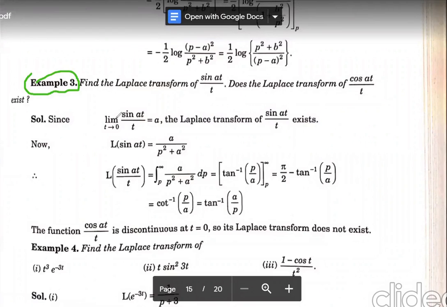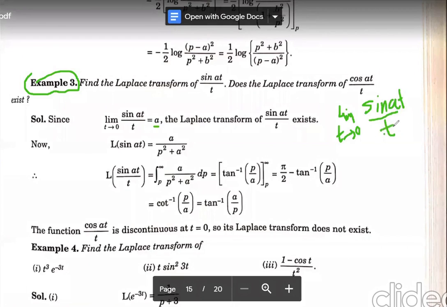Now see here, as you know, limit t tends to 0 of sine of at by t is equal to a. How does it come a? That is your limit: limit t tends to 0, sine of at in the numerator and t in the denominator. So the limit t tends to 0 of sine of at by t is equal to a.